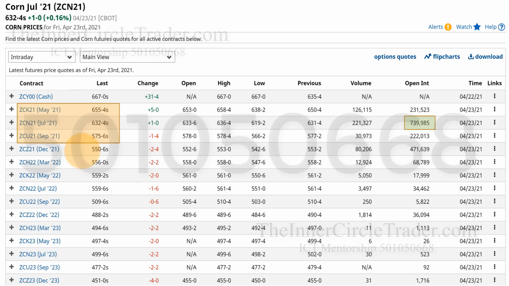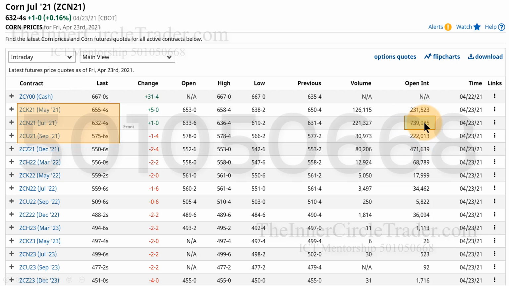Well, if that's the case, which month should we trade? Well, you go over to open interest here and notice that for the May contract, it's 231,000, and then July we have 739,000. Then the next month out for September is 221,000. So the most active is here.